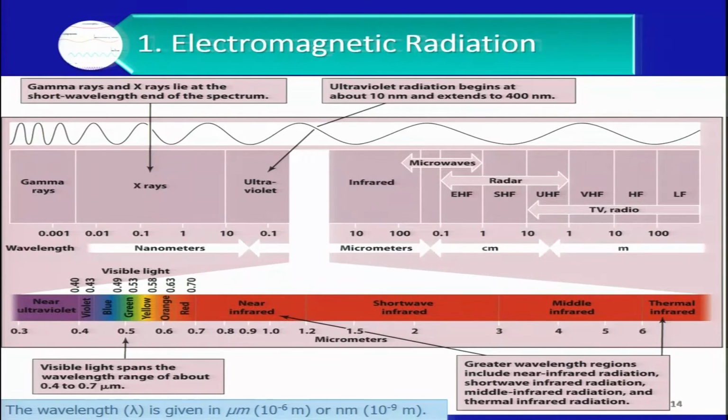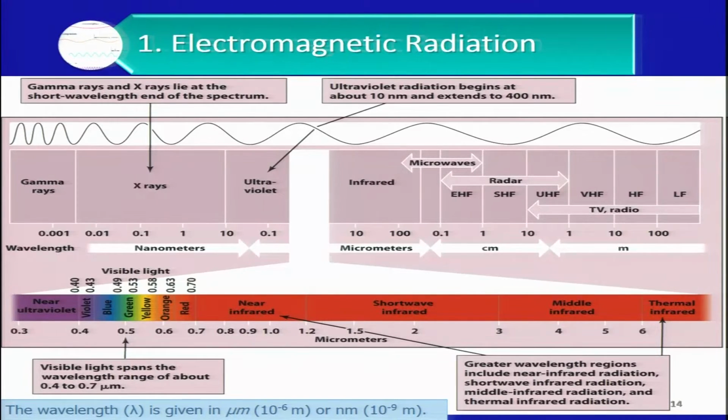Now, for example, take the electromagnetic radiation which comes in different wavelengths, and the spectrum, which is very important for us, that is visible light. The electromagnetic radiation with different wavelengths is classified as gamma ray, X-ray, ultraviolet, then visible light.